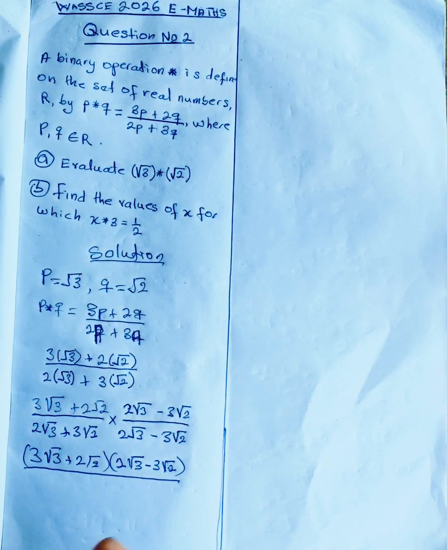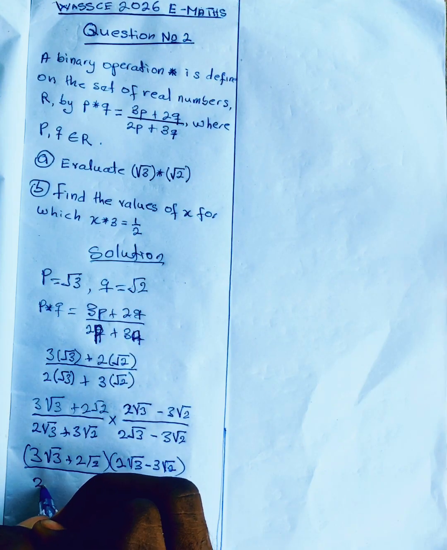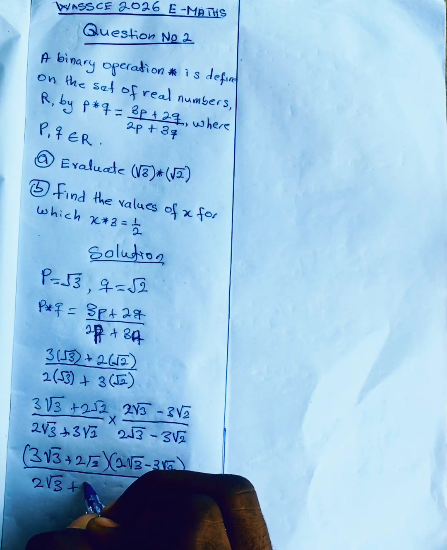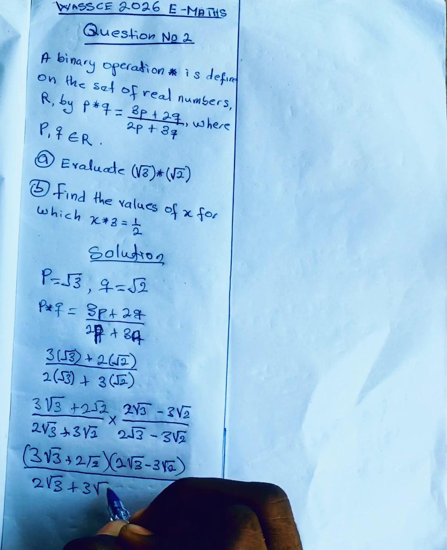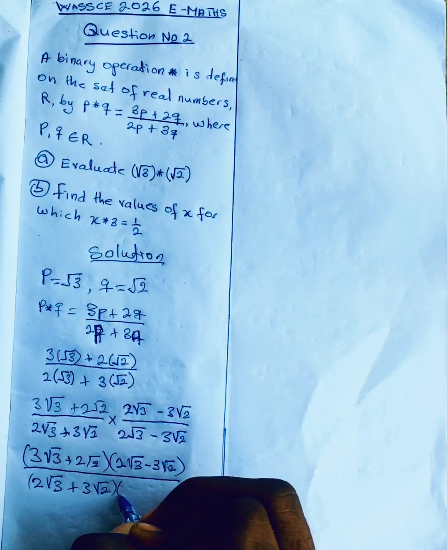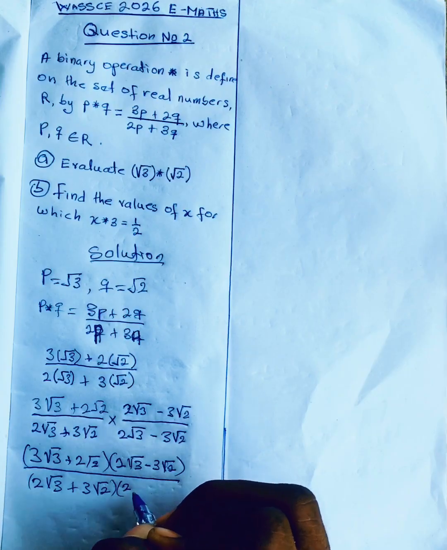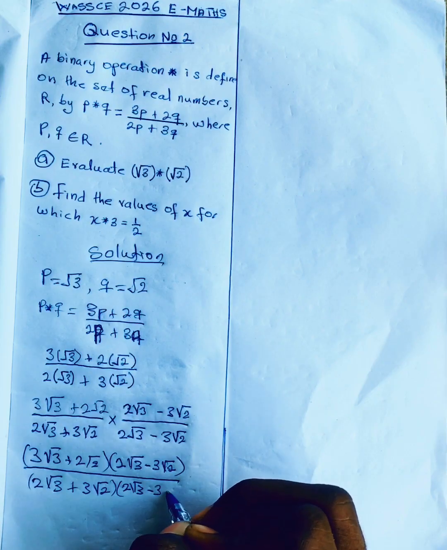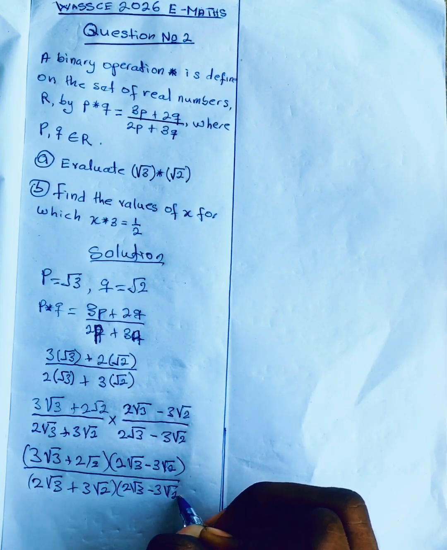Then you multiply the same thing for the denominator: you have 2 root 3 plus 3 root 2, multiplied by 2 root 3 minus 3 root 2.